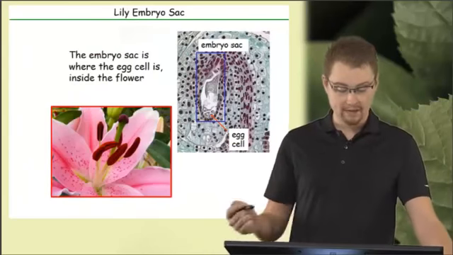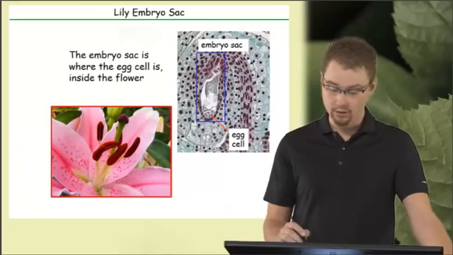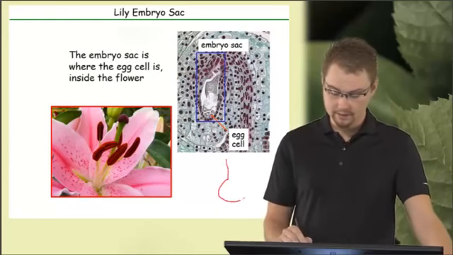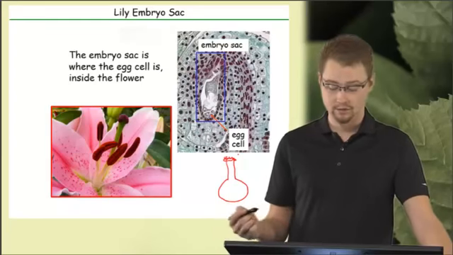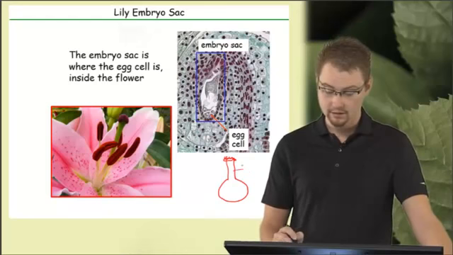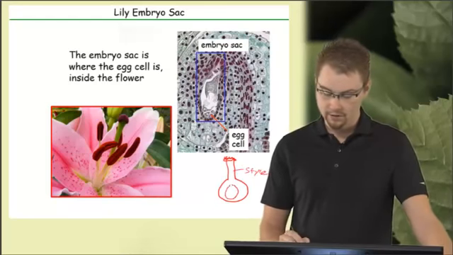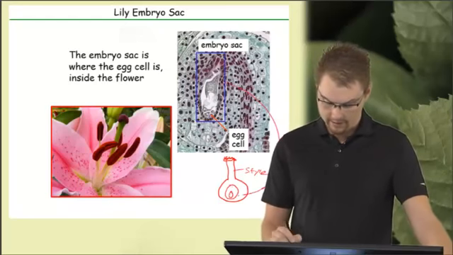Now, back to the embryo sac. If we look within this structure, where we have our stigma, which is our receptive surface for pollen grains to land and germinate, and our style, which is our long stalk, and then look within the ovary, we can see that here we have our embryo sac.